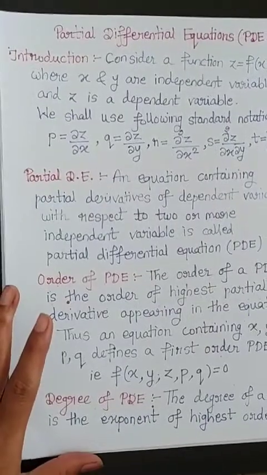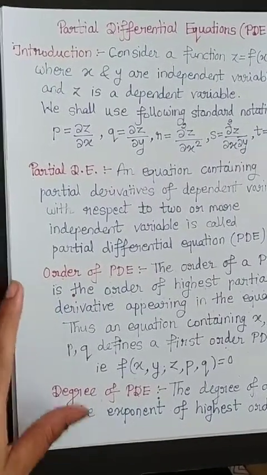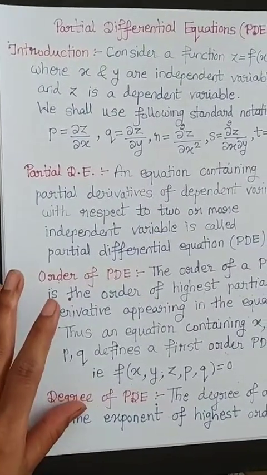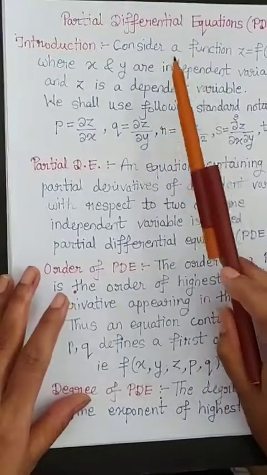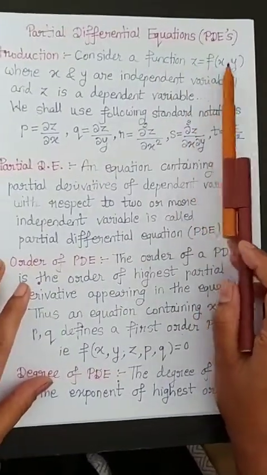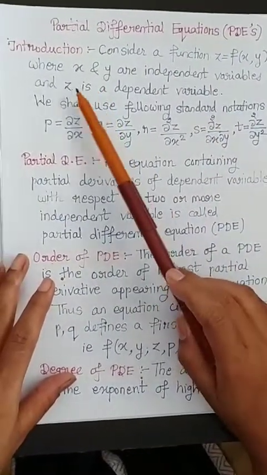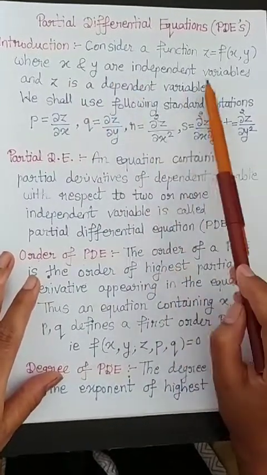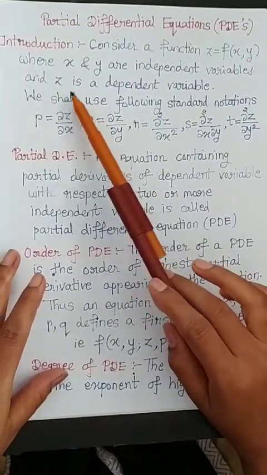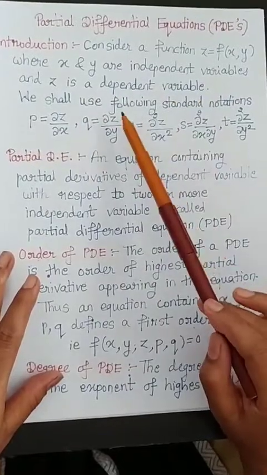Before going to the topic, let us see some important basic concepts. Consider a function z equal to f of x, y, where x and y are independent variables and z is a dependent variable.